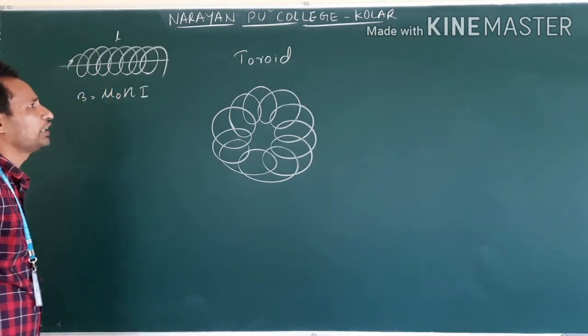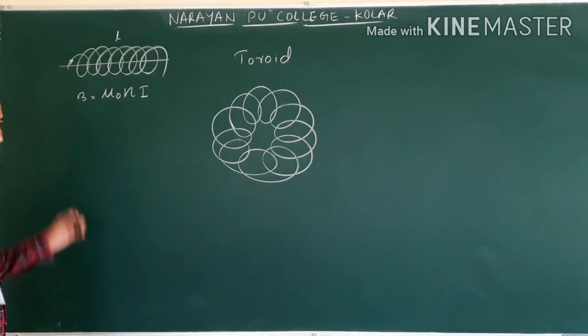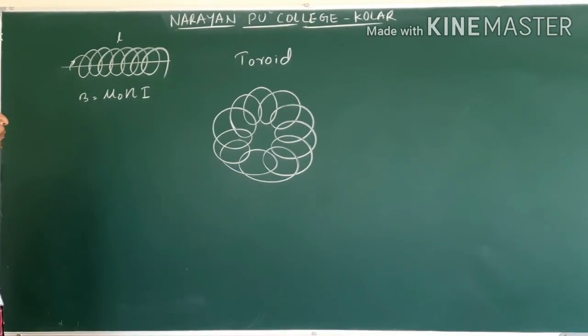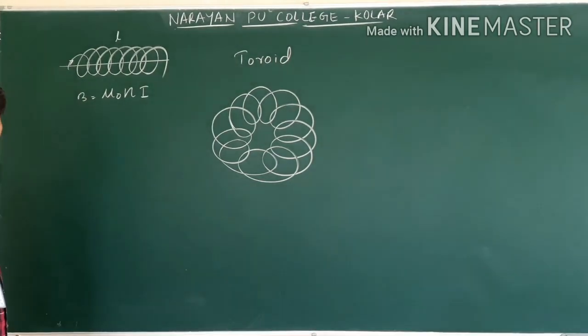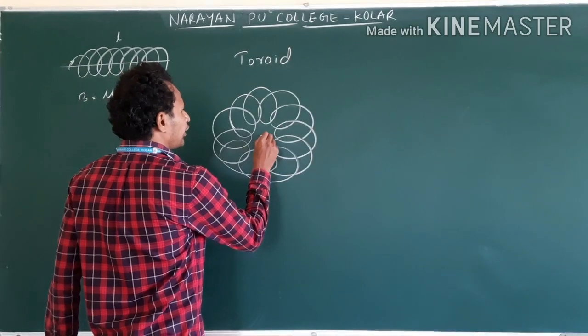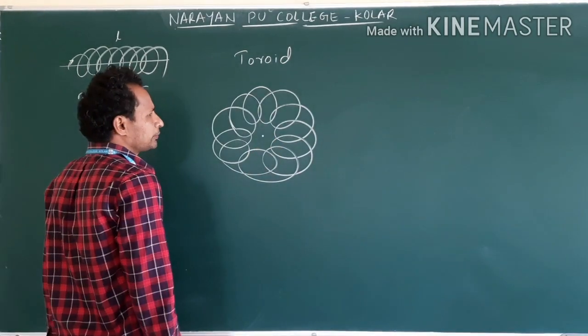Now the magnetic field developed due to a toroid, we will see how to calculate this. Again we will follow the same formula, that is Ampere's circuital law. Now this is the center of the toroid. Clear?